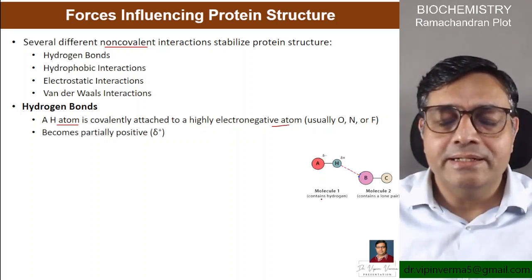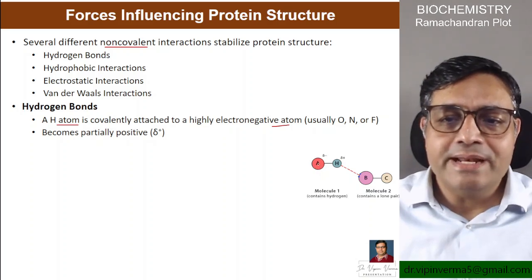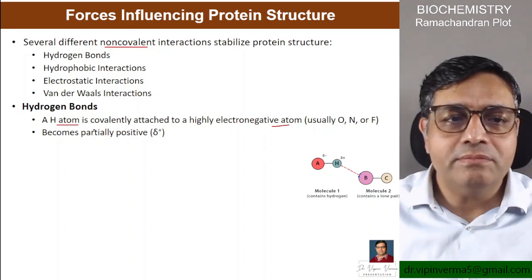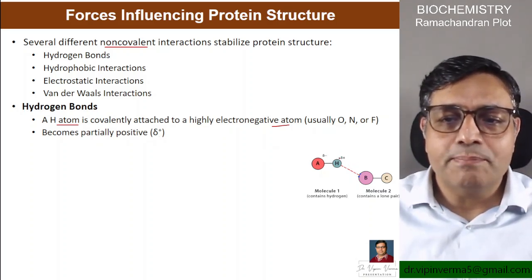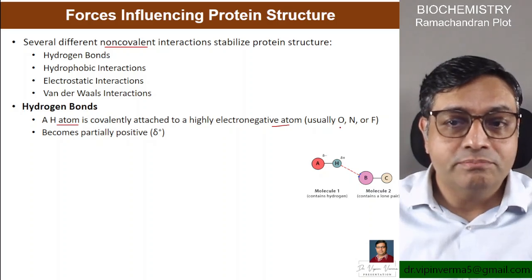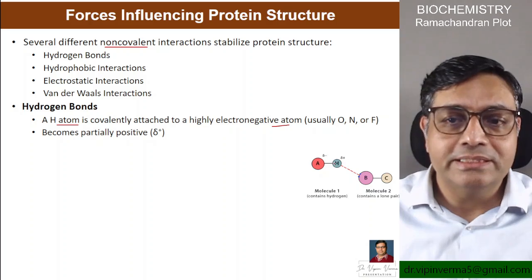So you can see here, this A can be O, N or F, and it is attached to the hydrogen atom. Once it is attached, this hydrogen atom becomes partially positive. You can see here the partial delta positive charge, and because the atom is electronegative, it will attract the electrons from this hydrogen.